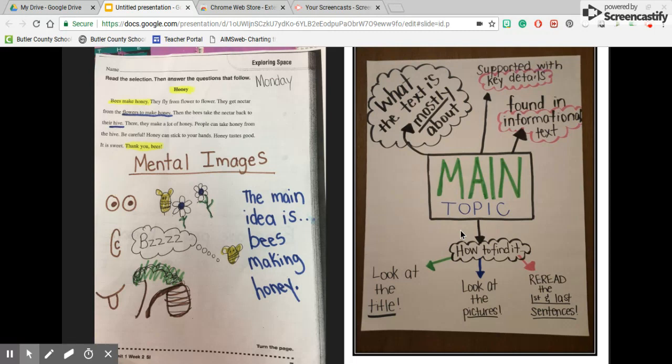There were some students who have actually tasted honey before. There were some students that described watching the Bee Movie on Netflix. So all of this, they were using their background knowledge of what bees are and what bees can do for us to make these mental images in their brain.